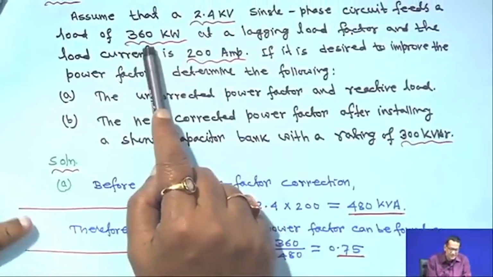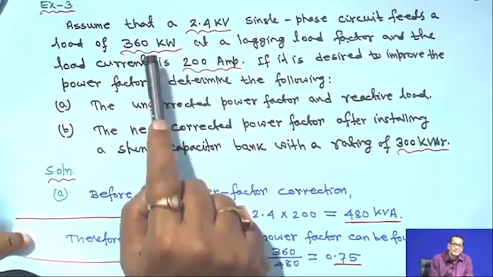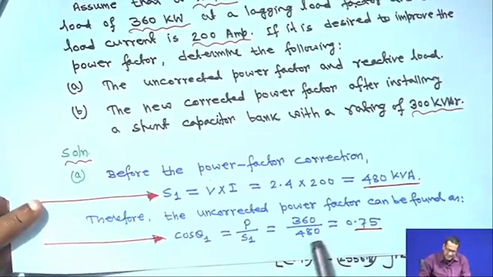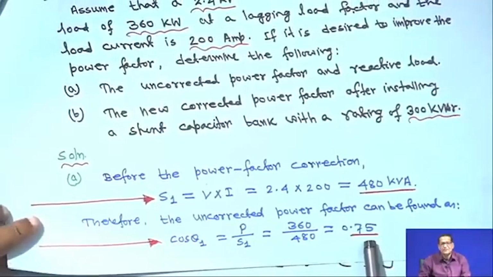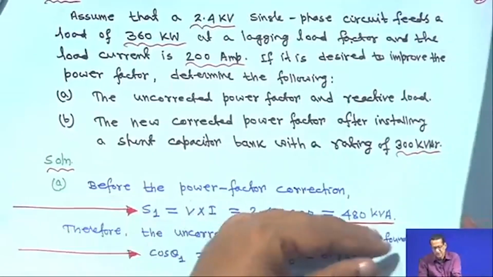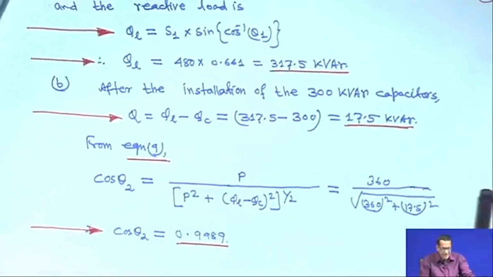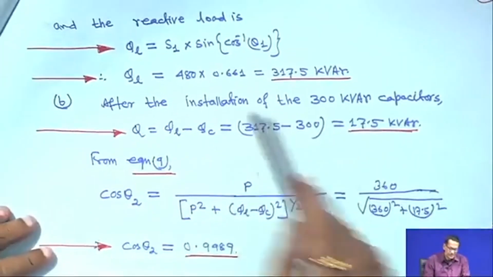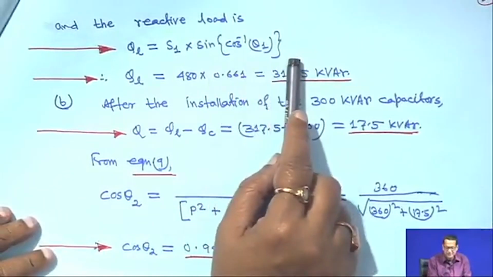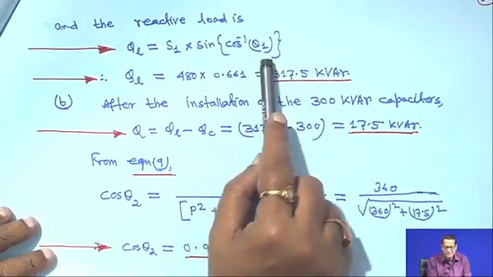P is given as 360 kilowatt, so it is 360 upon 480, which is 0.75. So the power factor is 0.75. Now the reactive load: cos theta 1 is 0.75, so theta 1 is cos inverse of 0.75.